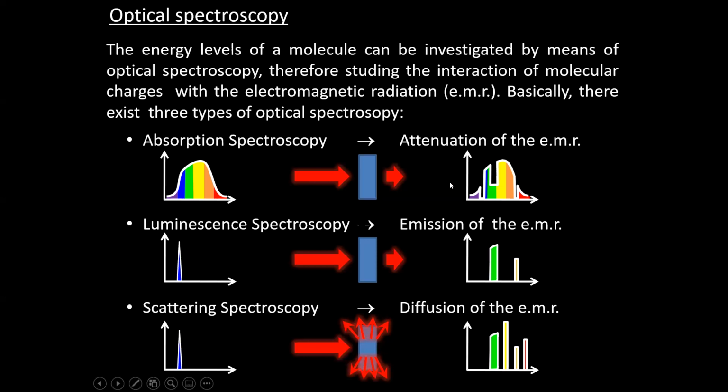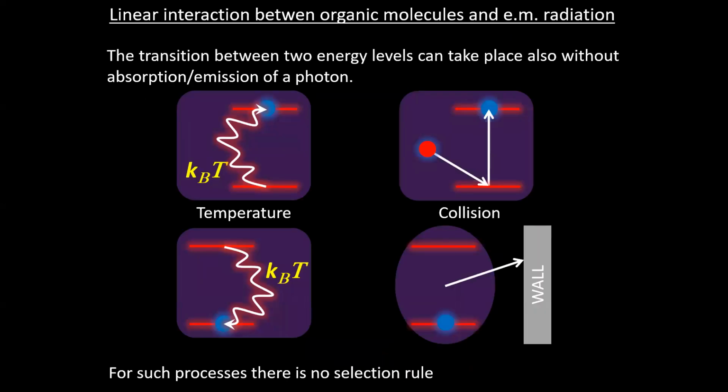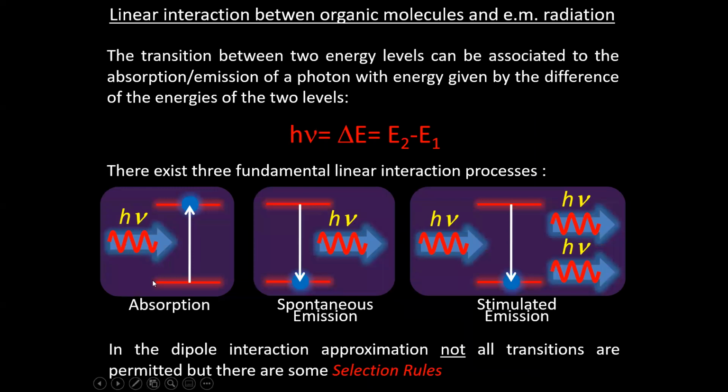And what will happen? You will see that in the transmitted spectrum of light, there are some wavelengths or some frequencies that are missing, that are not anymore there. What is the reason of that? The reason is that the molecule can be characterized by energy levels, okay?